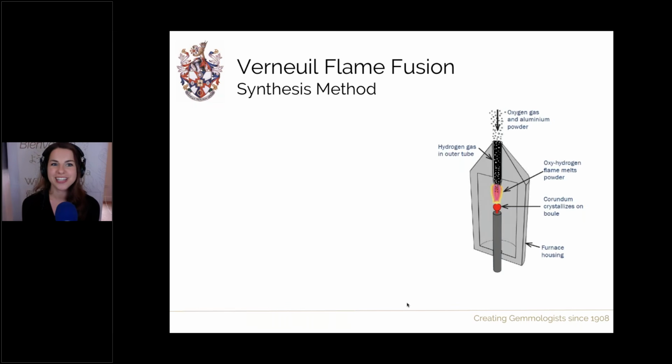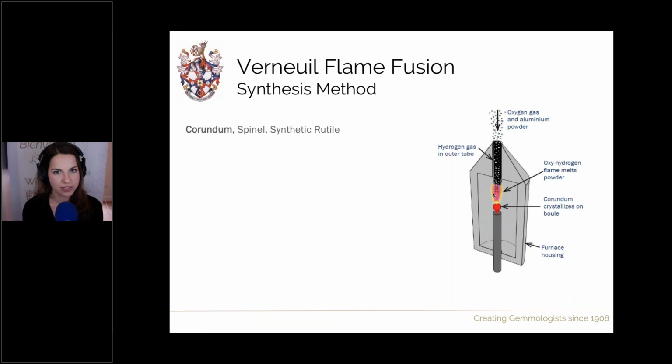So let's talk about these different types of synthetics, starting with Verneuil flame fusion. This creates different types of stones: corundum, ruby, sapphire, spinel, and synthetic rutile. The way it works is your feed powder will drop through this feed tube into the apparatus. The feed powder depends on what you're making.